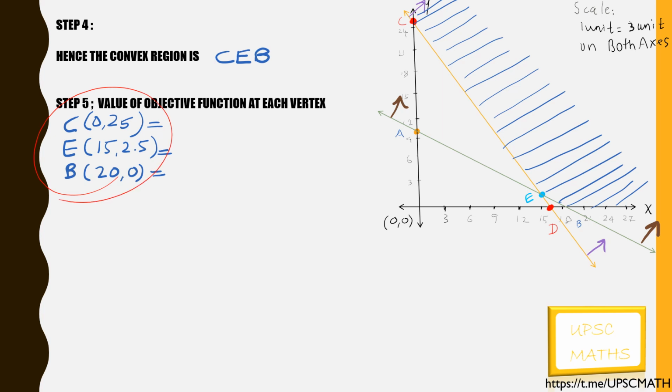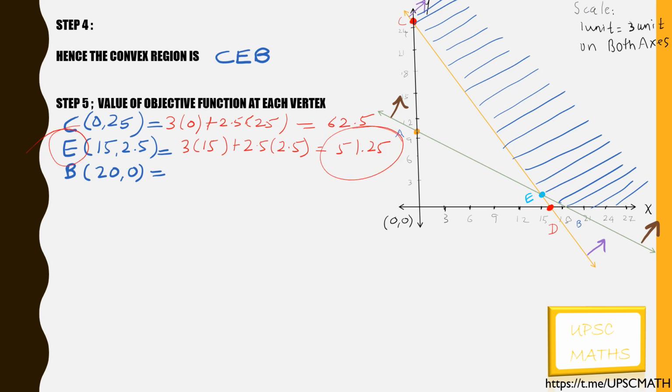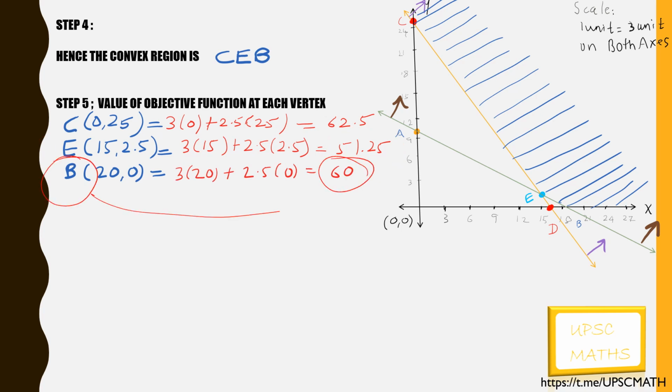When we substitute the values, we get the objective function at C as 62.5, at E as 51.25, at B as 60.